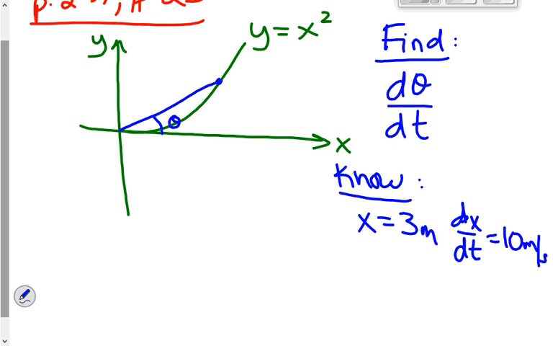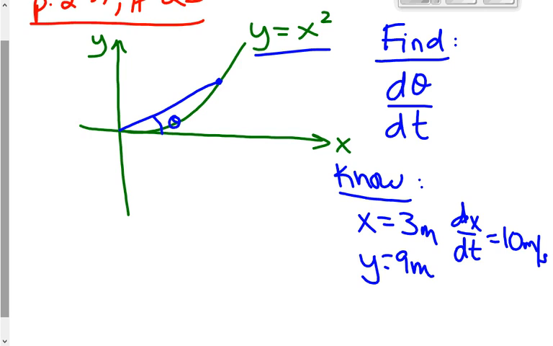Is there anything else I know? Okay, but let's see if we can kind of, there's an implied thing that I know. If x is equal to 3, do I know what y is? What's y, Sari? 9, right? Because I know that y equals x squared. Okay.